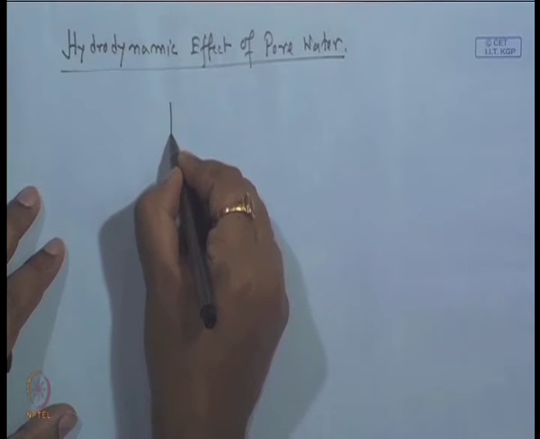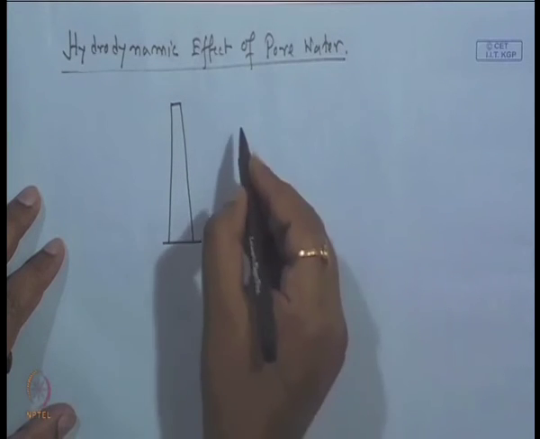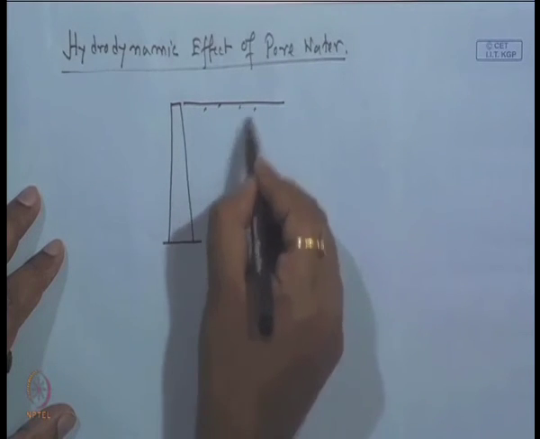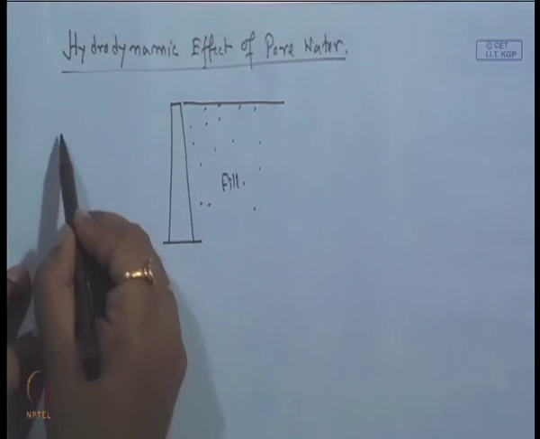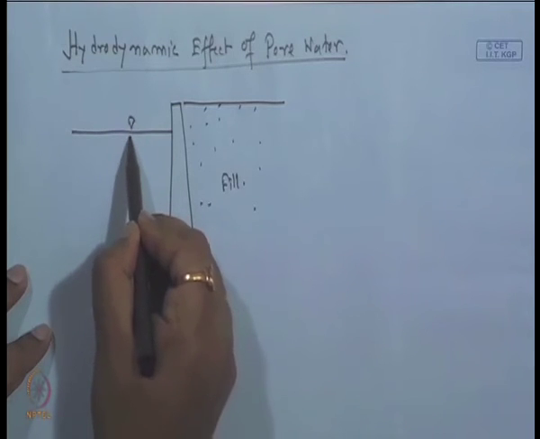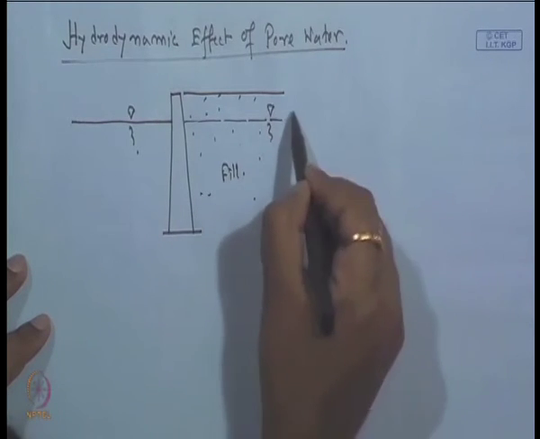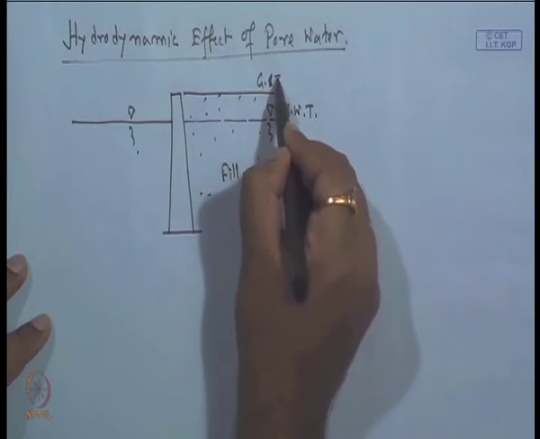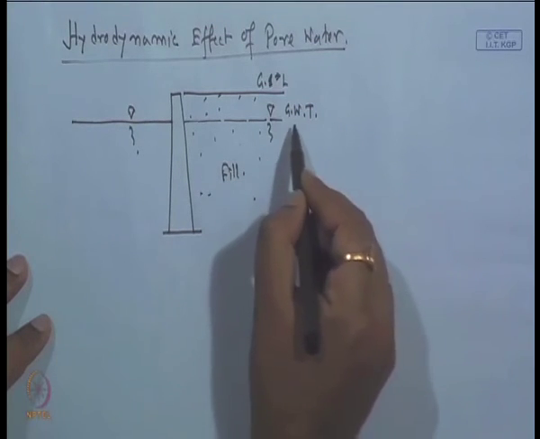So, suppose this is a retaining wall, and this side is the fill. This is the filling or the fill side, and this side where the water surface is, this side is water, and here also the water table is acting, say. This is the ground water table, this is the ground surface, GL, ground level.